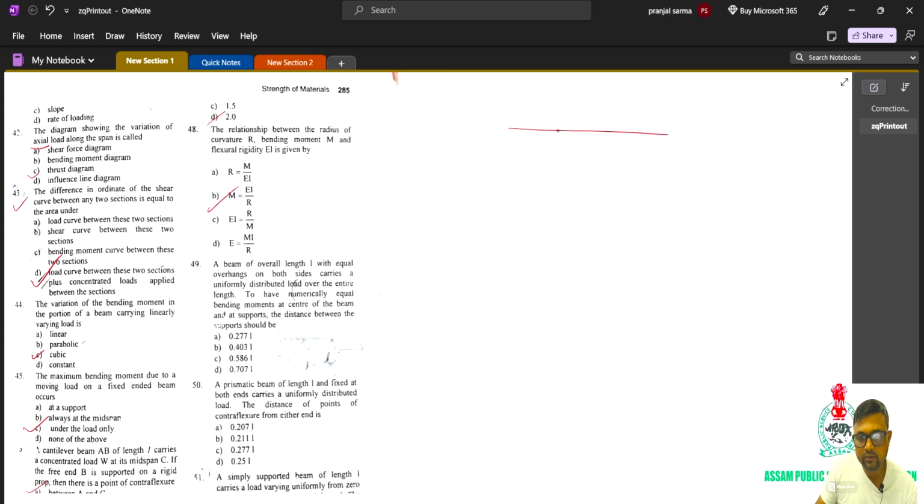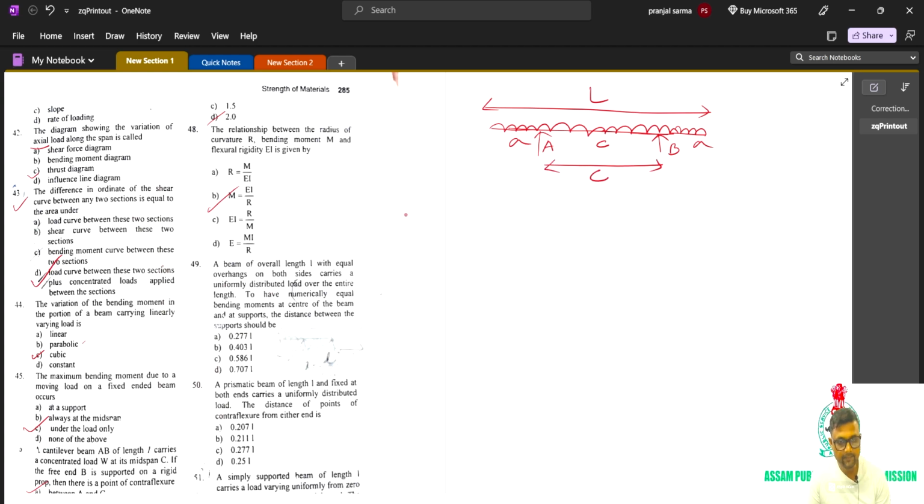So this is a UDL, simply supported beam with overhangs. This is point A, this is B, and this is C. Suppose this overhang length is A, this is also A. Total length is L, and suppose this length is C.